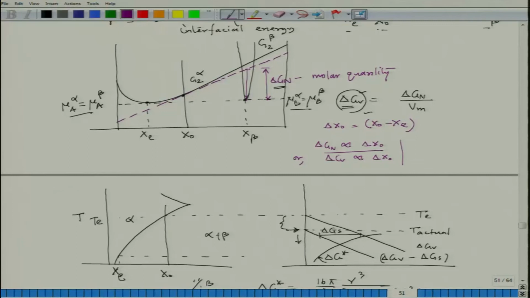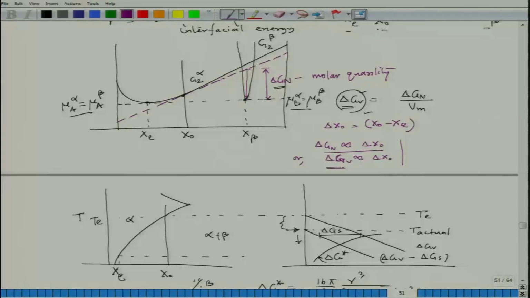Here also we are seeing that the free energy term for nucleation is proportional to the composition difference between the base composition where we started and the equilibrium composition of the alpha phase at the temperature where we are doing the transformation of beta phase from alpha phase. So that proves that this particular term is extremely important in order to get an idea of growth rate and nucleation rate.